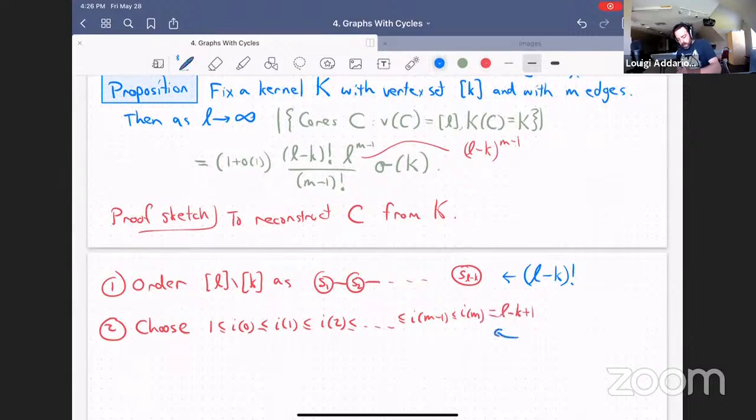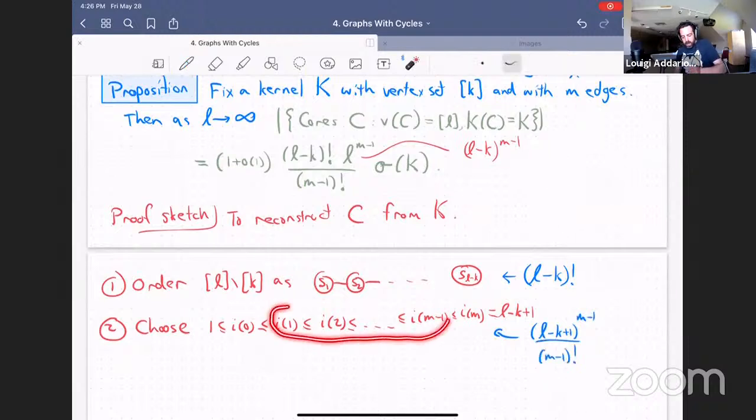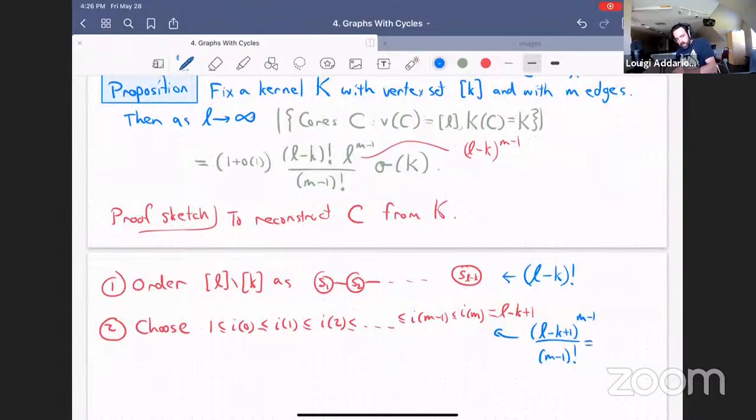And there are (L minus k plus 1) to the m minus 1 over (m minus 1) factorial ways of doing this. So what am I doing here? I'm choosing m minus 1 values between 1 and L minus k plus 1, and then ordering them. The numerator is choosing the values, and the denominator is accounting for the symmetry of the ordering. And that's just (1 plus little o(1)) times L to the m minus 1 over (m minus 1) factorial.